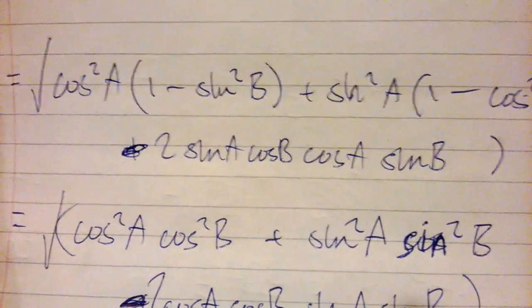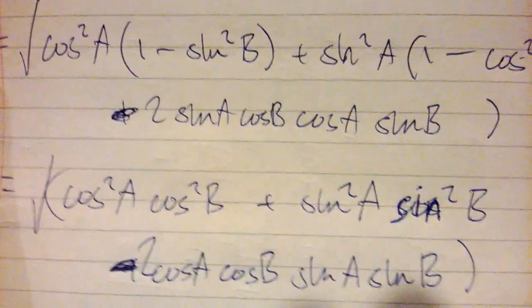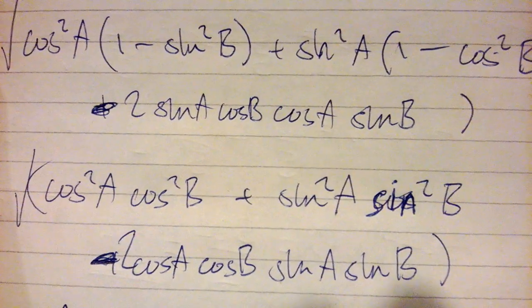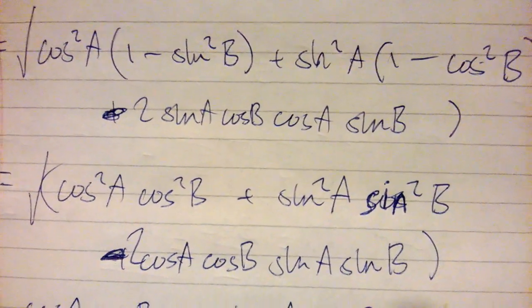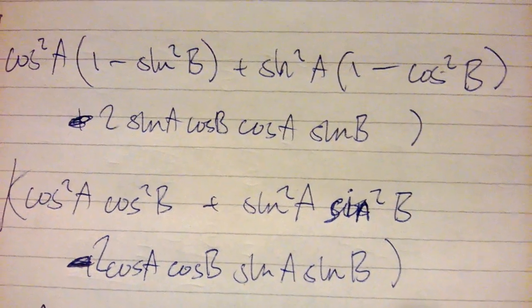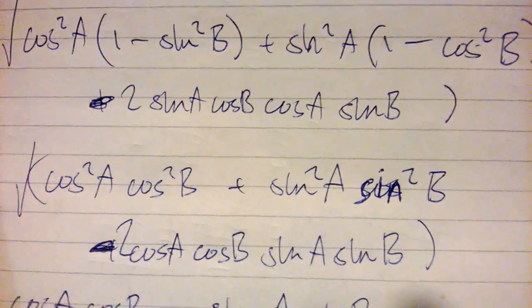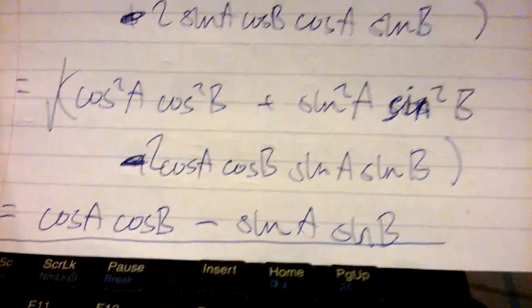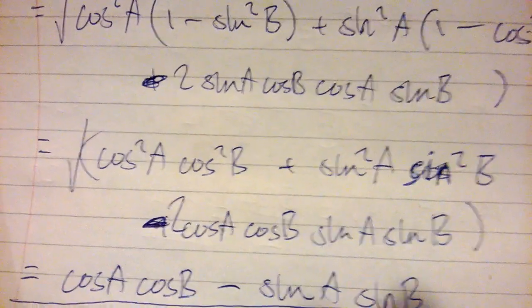So the term then is cos squared a cos squared b plus sin squared a sin squared b, and then subtract 2 cos a cos b sin a sin b, and then the square root of it.